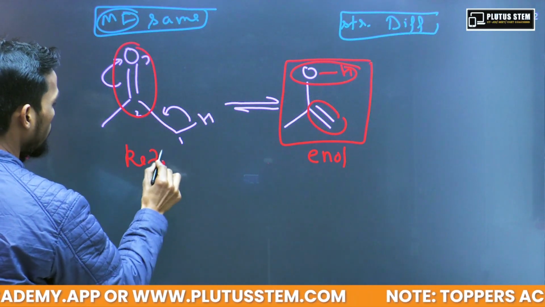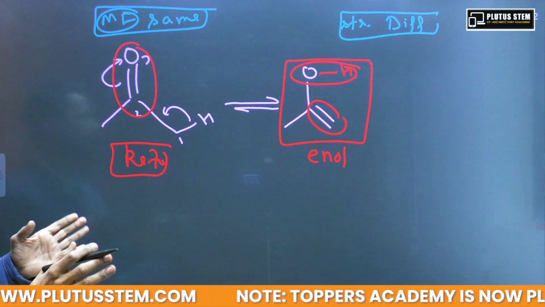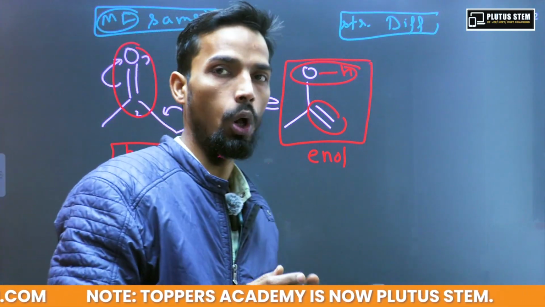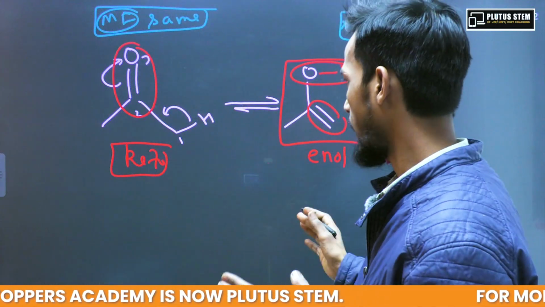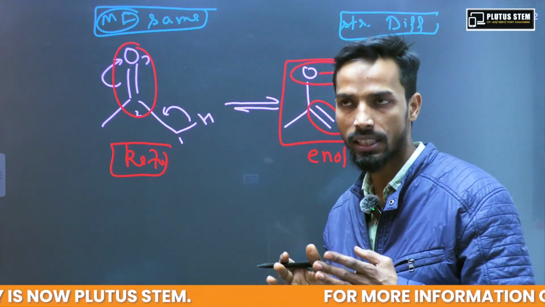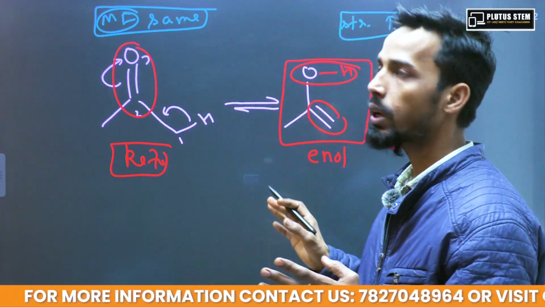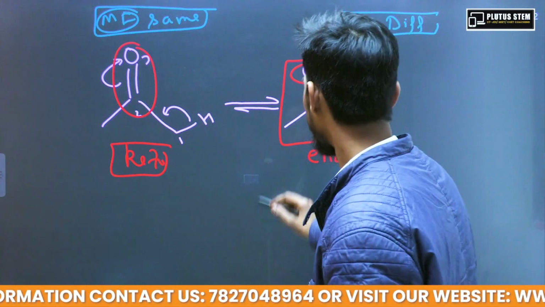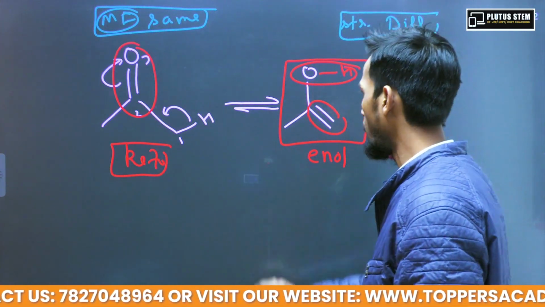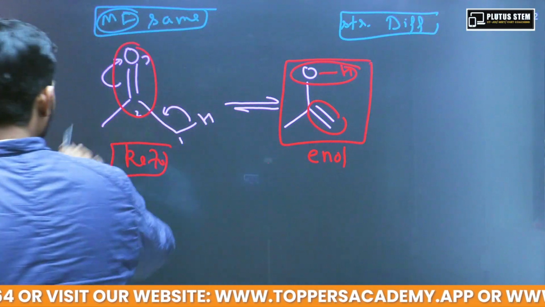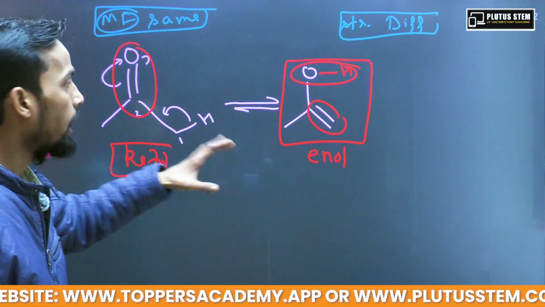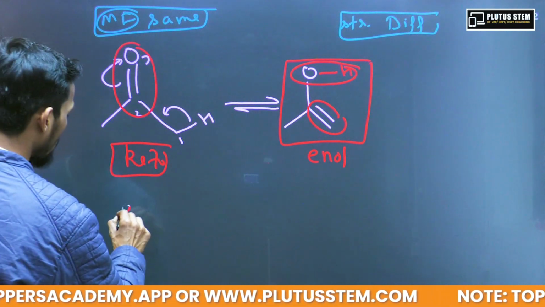If you visualize this, it is an ene over here, and ol for alcohol, so enol, and this is a keto group, keto. I will discuss some other types of tautomerism also, not just keto-enol. There are some other tautomerism that also exist, but from the exam point of view, keto-enol is very important. Keto and enol isomerism means one form is keto and another form is enol, and generally the keto form is more stable.